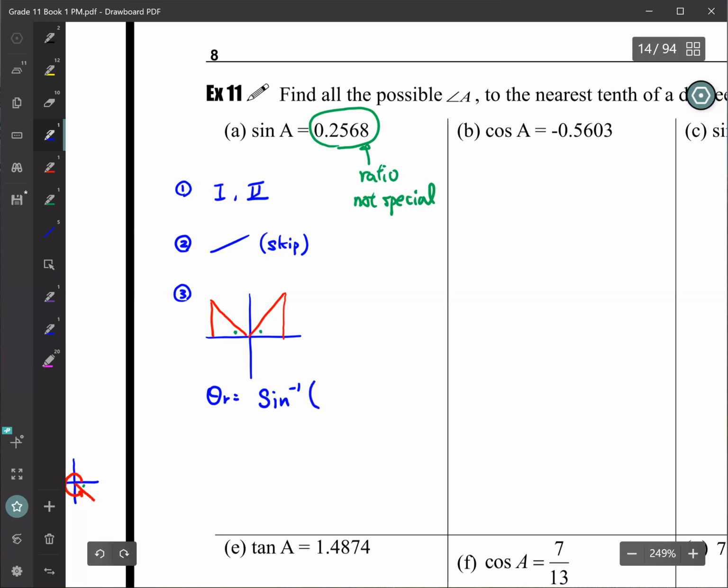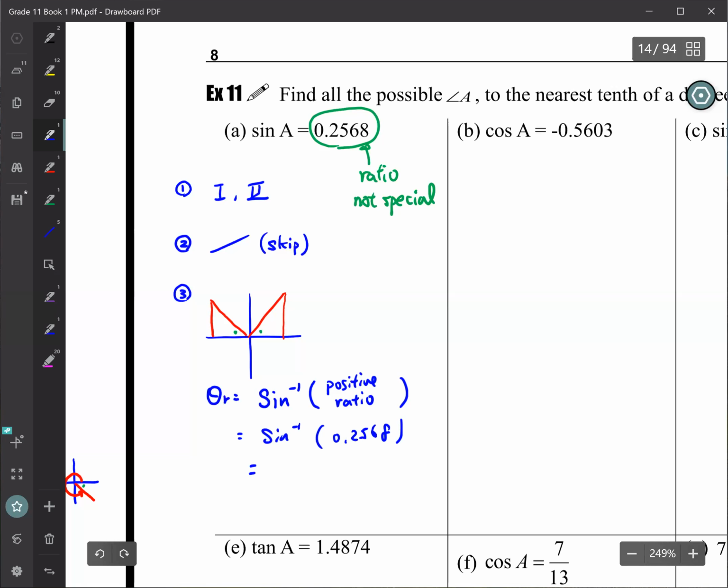After that, you put the ratio inside, and you only put the positive ratio. This one is already positive, so you just copy it inside. 0.2568.